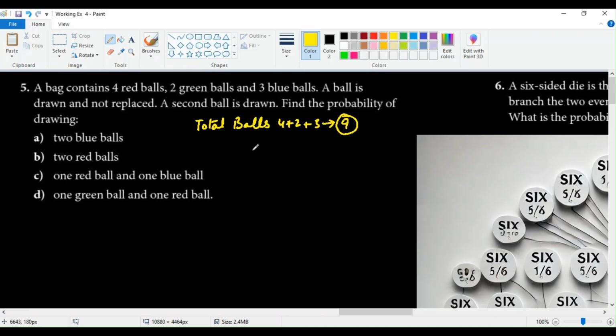And the probability of each: first I go for blue, it's going to be 3 over 9, which is 1 over 3. 4 red balls, that means 4 over 9. And for green, it is 2 over 9.